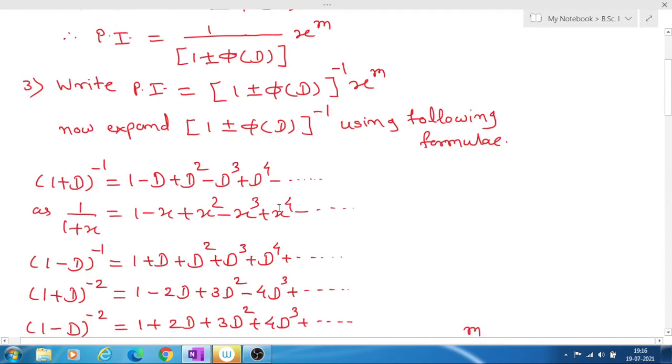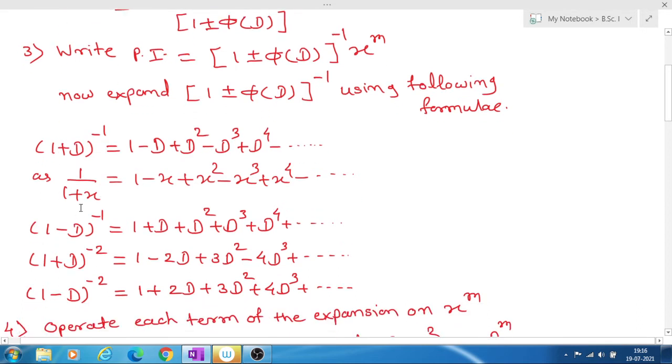Now you have to expand this bracket, 1 plus phi(D) or 1 minus phi(D) raised to minus 1. To write the expansion we must know the formulae for expansion.